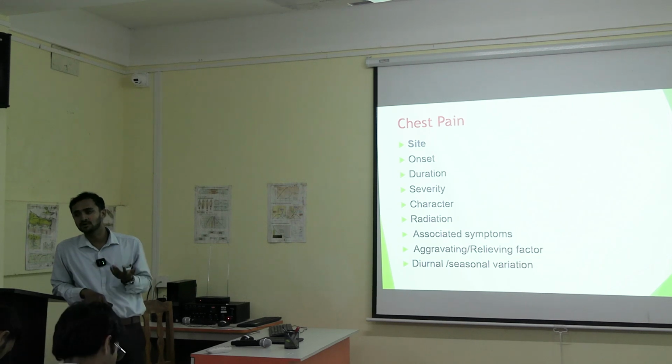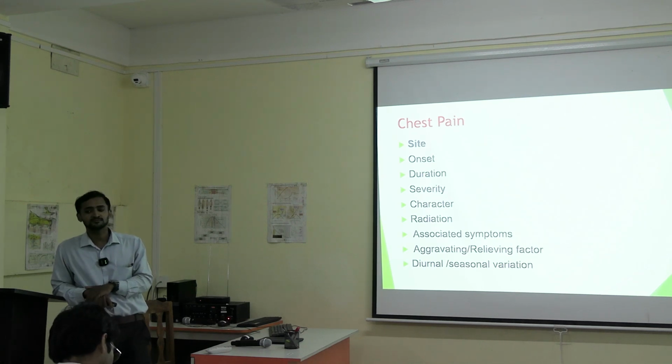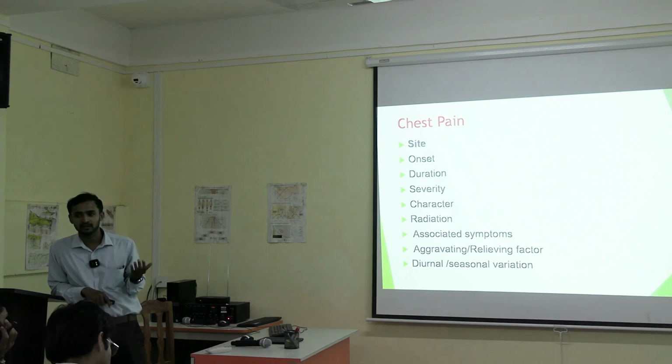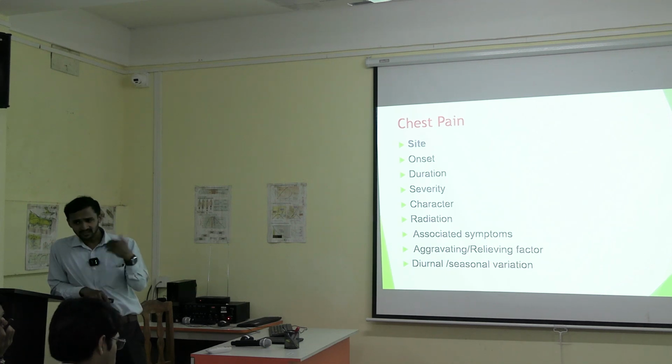SOCRATES means S for site, the location from where the pain started. Then O for onset, meaning since how many days or the duration the patient is complaining. Then C for character, the character of the pain, whether it is dull aching, stabbing, or puncturing, the type of pain.